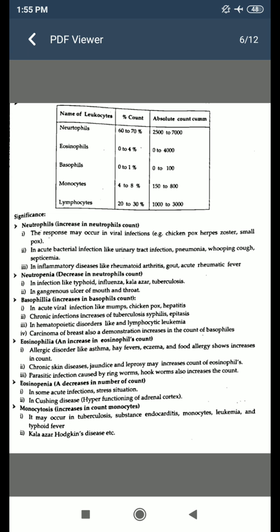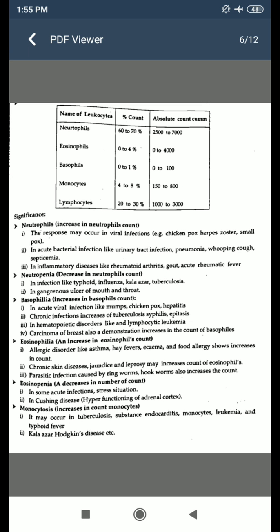Then next is monocytosis, that is an increase in the count of monocytes. It may occur in tuberculosis, subacute endocarditis, monocytic leukemia, and typhoid fever. Then Kala-Azar, Hodgkin's disease, etc. Then the last one is lymphocytosis, increased numbers of lymphocytes.